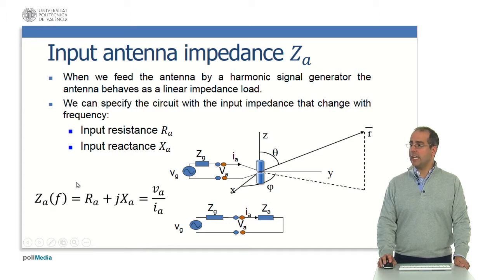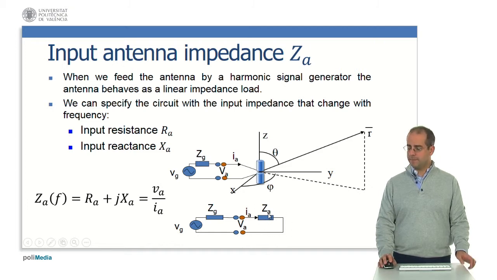So the antenna impedance as a function of frequency has a real part, an antenna resistance, and an imaginary part, an input antenna reactance. Here we have the equivalent circuit. We have the generator part, the transmitter, and here the antenna impedance.